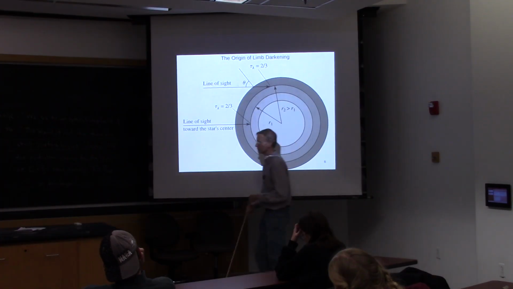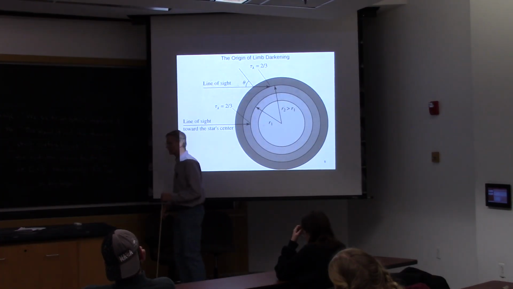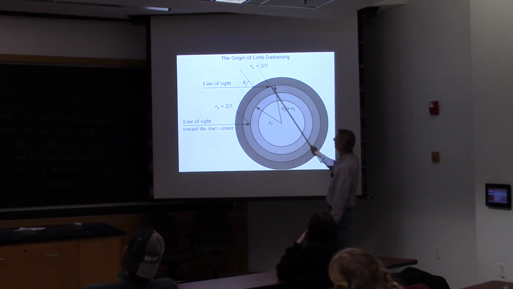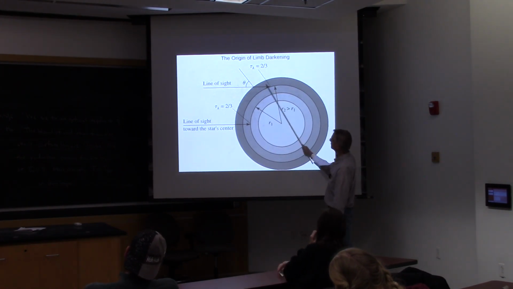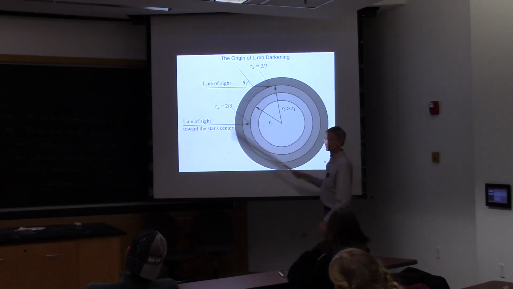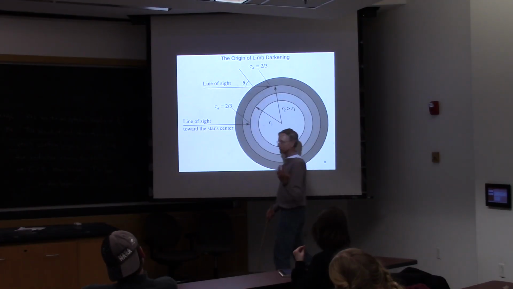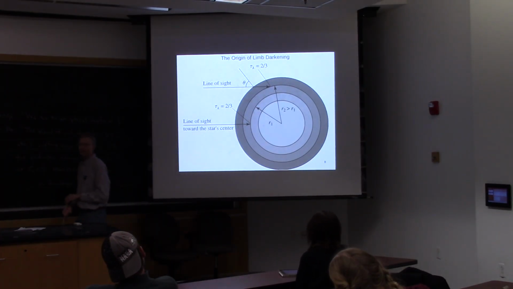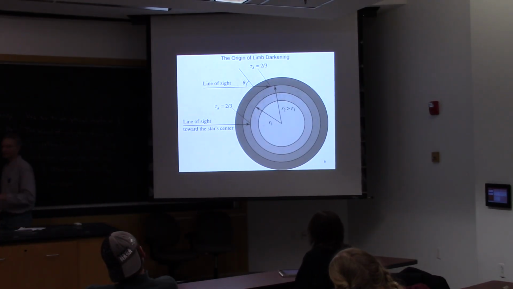And the reason that shows up is because, to first order, the vertical optical depth and the slant optical depth are related by the secant of theta, or 1 over the cosine of theta. So in other words, mu is showing up in considerations like that.